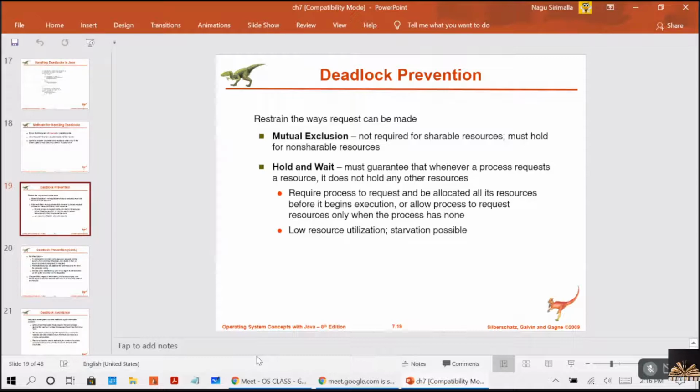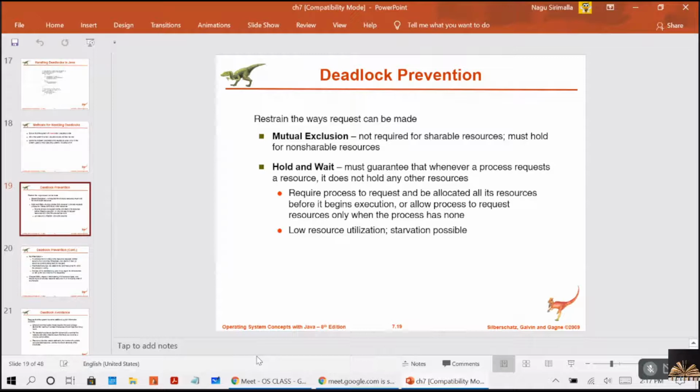But for preventing, by making any one of them false, we can make sure that there is deadlock prevention.